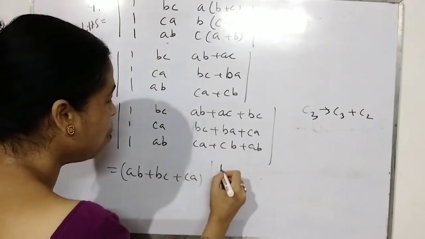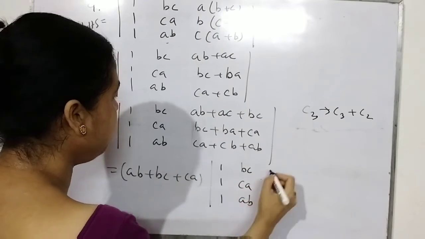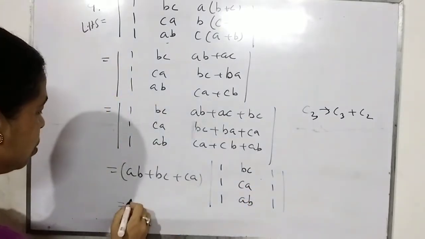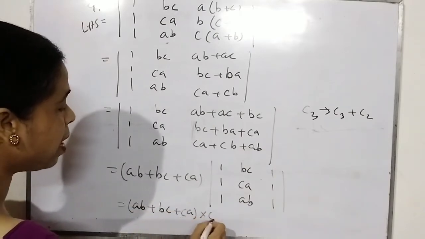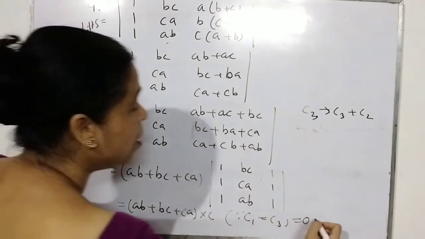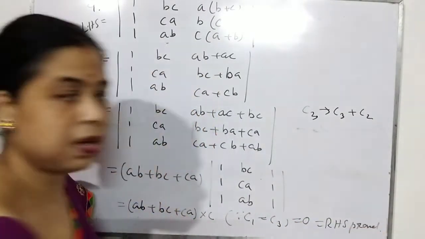Here what is left: 1, 1, 1; BC, CA, AB; and 1, 1, 1 will be left. Now two columns are identical, so the result is AB plus BC plus CA into 0. The reason is column 1 is equal to column 3, and that is your right hand side. This completes the proof.